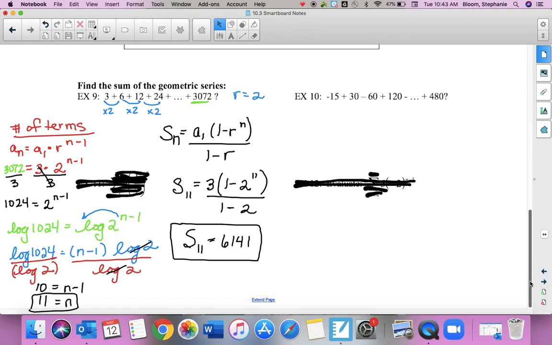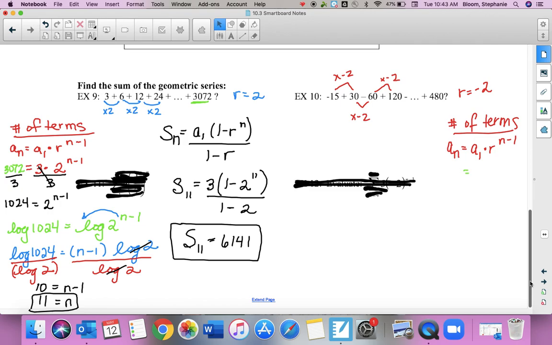All right, so let's go over here to example 10. On example 10, I notice I would be multiplying by negative 2, and that works. So I know that my r is negative 2. Let's find our number of terms first. So I'm doing, again, that explicit formula: a of n equals a of 1 times r to the n minus 1.